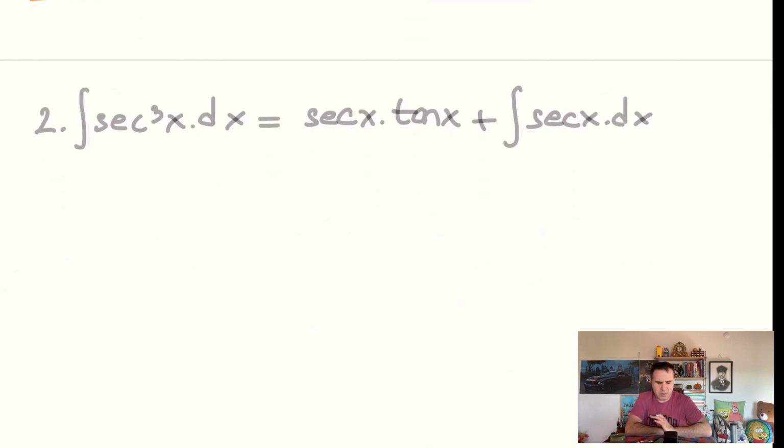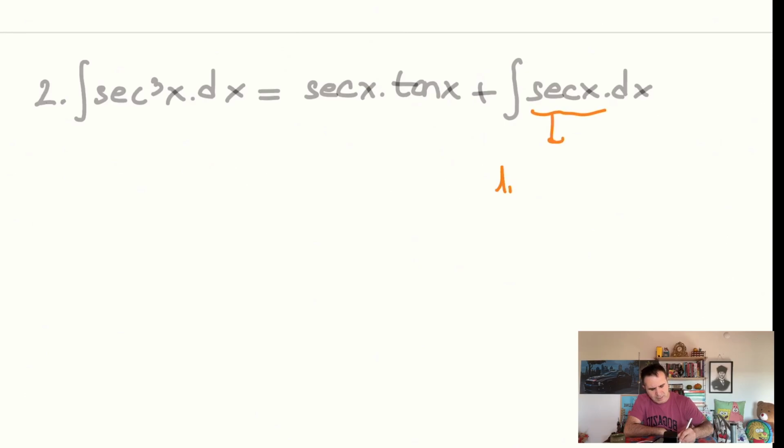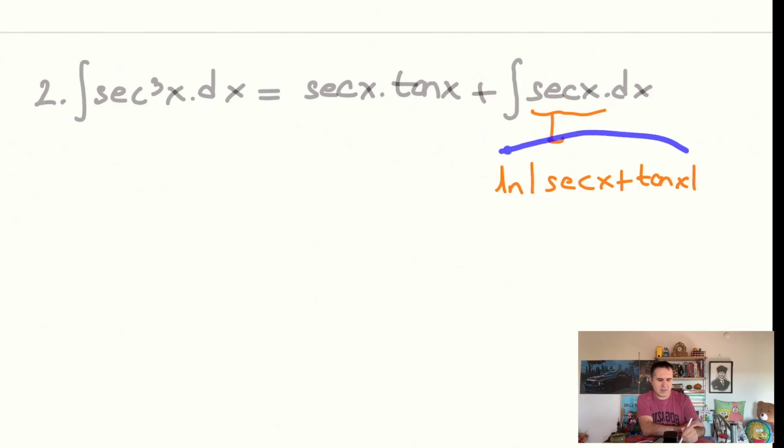Actually, before this video I solved the integral of secant x dx, and integral of secant x dx was equal to ln absolute value of secant x plus tangent x. So you can see how we solved this integral of secant x before by looking at the integral of secant x video.